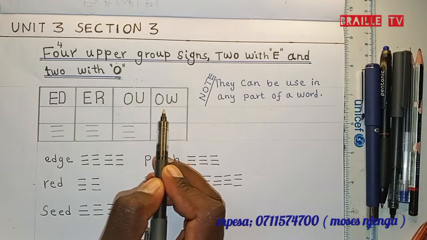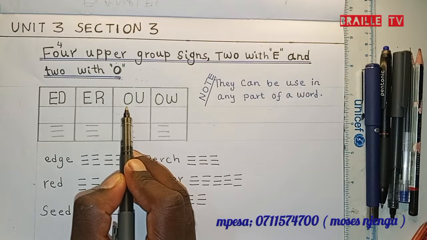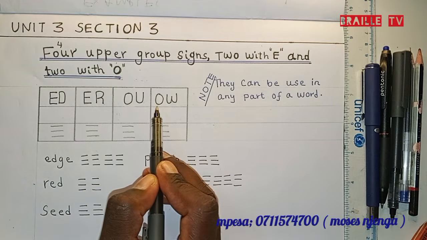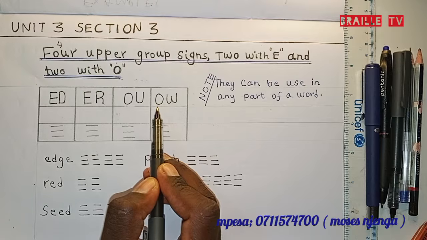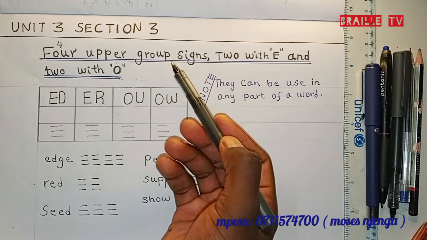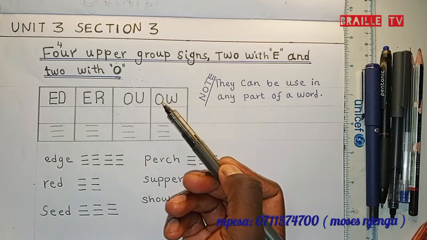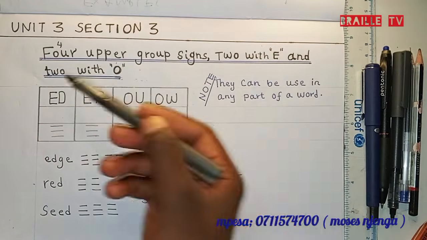They are 4 of them, as you can read here, and that's why we call them 4 upper group signs. 1, 2, 3, 4. 2 with E and 2 with O.